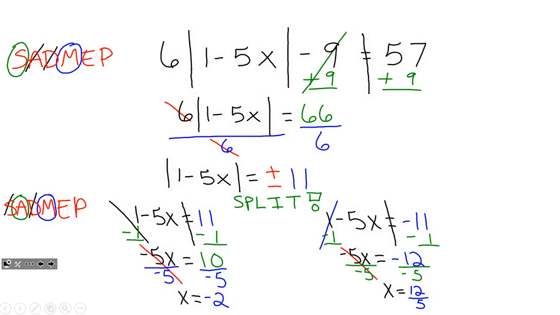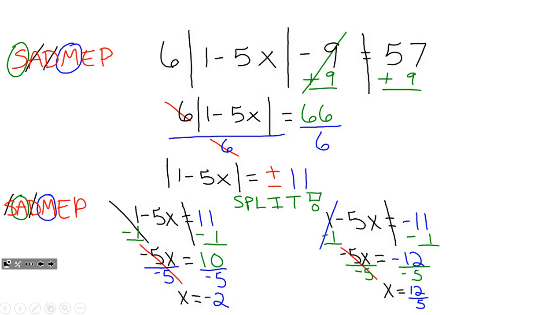Then I simplify everything. Now I'm completely done with step 1 because I have the absolute value bars all by its lonesome. Have to remember to do step 2, which is to add in that plus or minus symbol in front of my number that's on the other side all by itself. And then I gotta split. And then I need to do some PEMDAS backwards in order to finish solving.